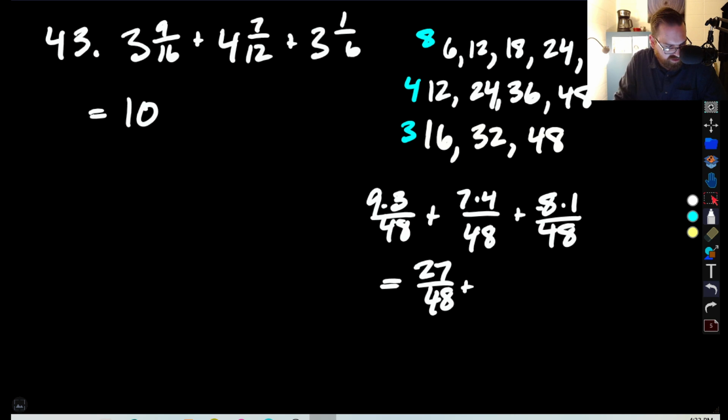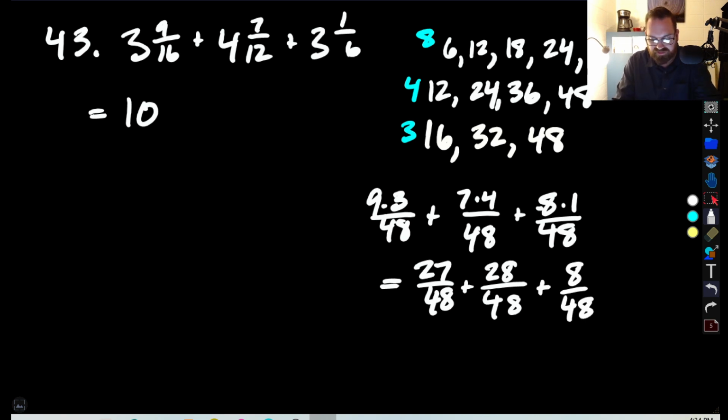Plus 7 times 4: 7, 14, 21, 28, all over 48. And then I add that to 8 over 48. If you have your handy calculator next to you, you can punch those values in: 27 plus 28 plus 8, which is equal to 63.